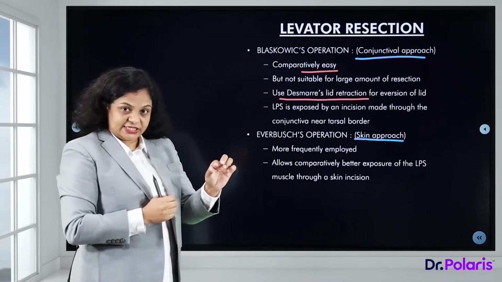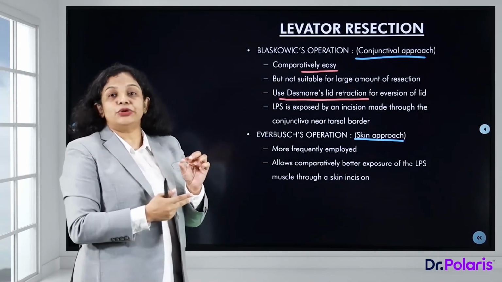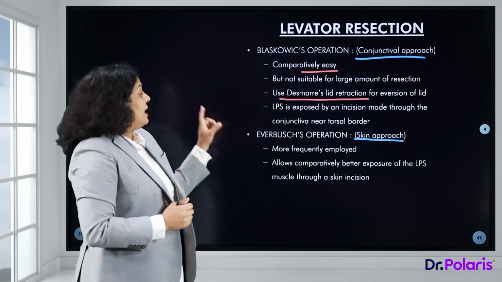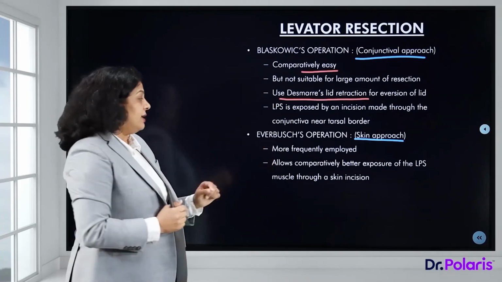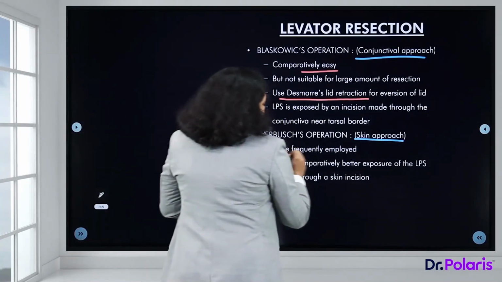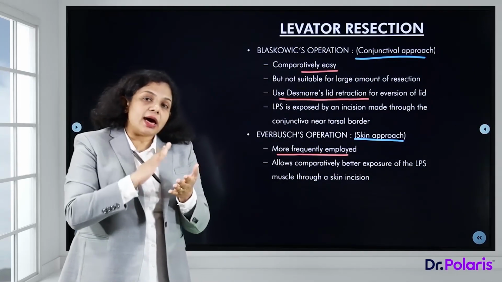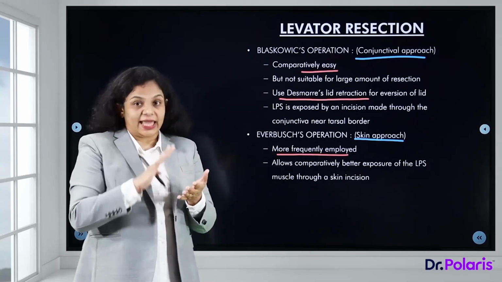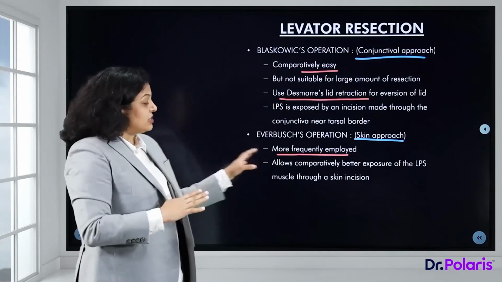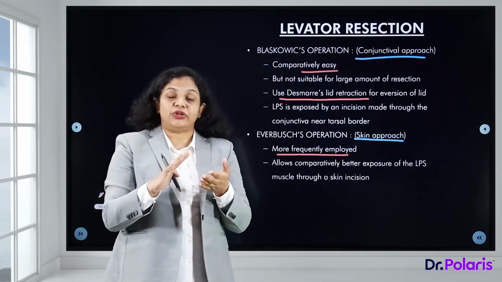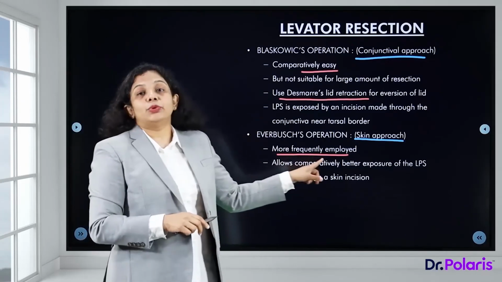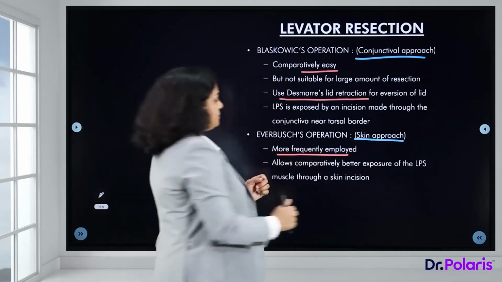The LPS muscle is identified and the amount of resection is done. The Everbush surgery is more frequently employed because it allows for a large amount of exposure of the LPS muscle. So any surgery which requires a large amount of resection, a skin approach is preferred.